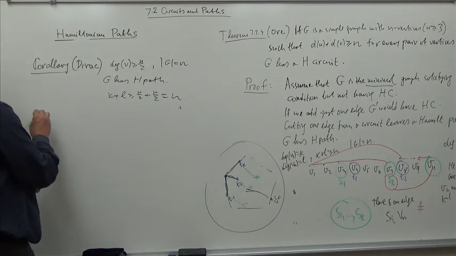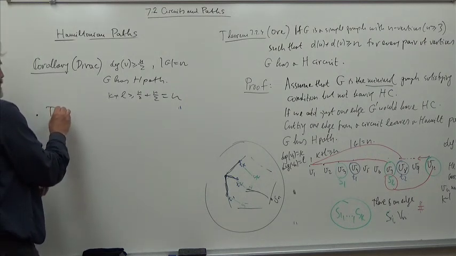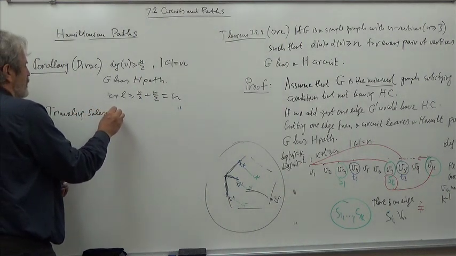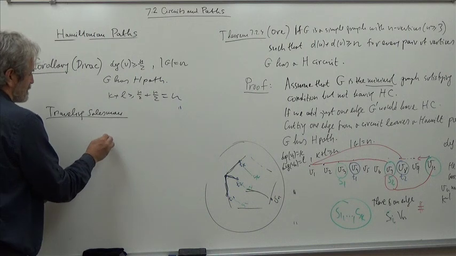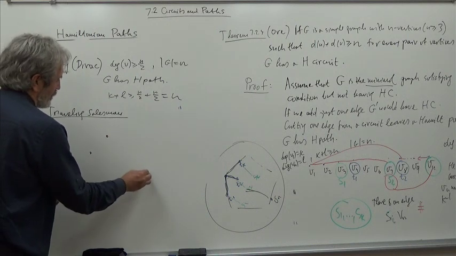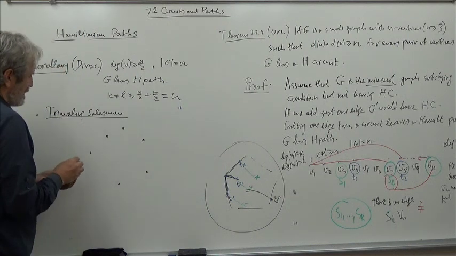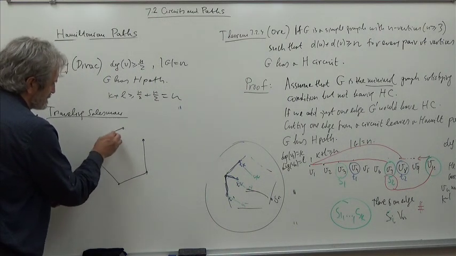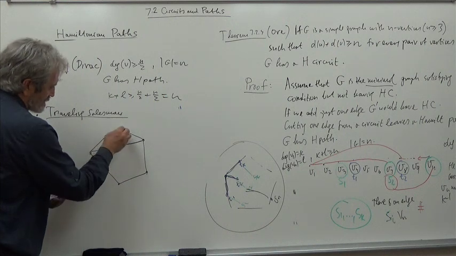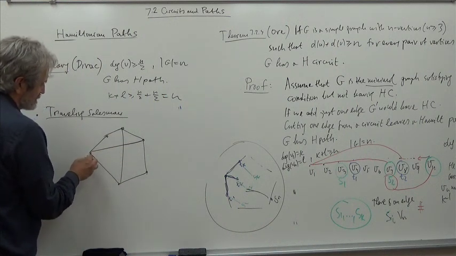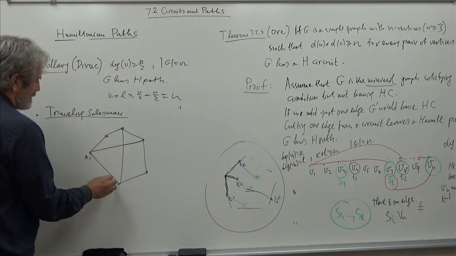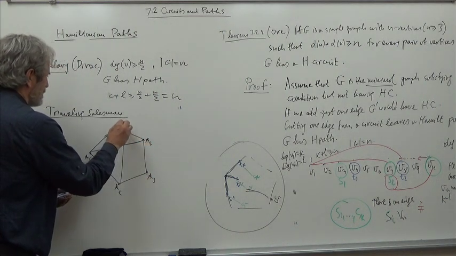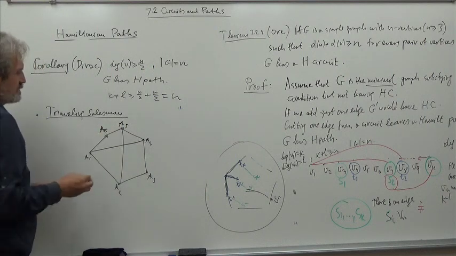And finally, the famous comment about the traveling salesman problem. So what is that problem? Problem is that we have a graph where we have not only edges, but edges are weighted. We will see that in section 7.5. So there are some edges, some connections. So these are cities, A1, A2, A3, A4, and A5, and there are connections between them.